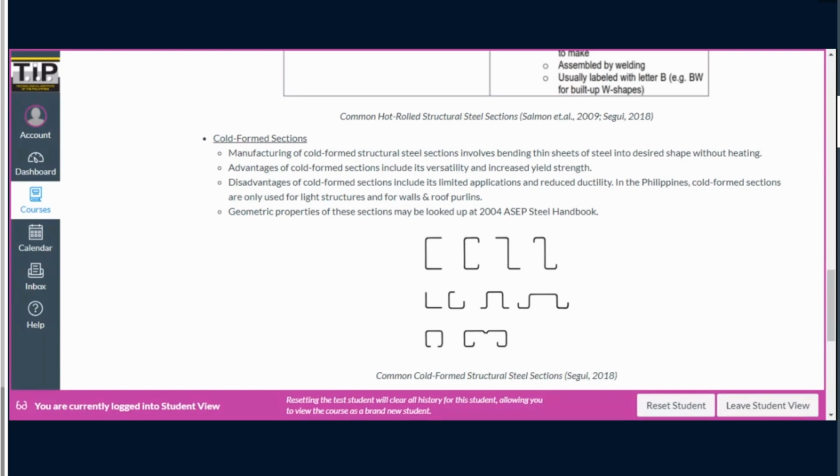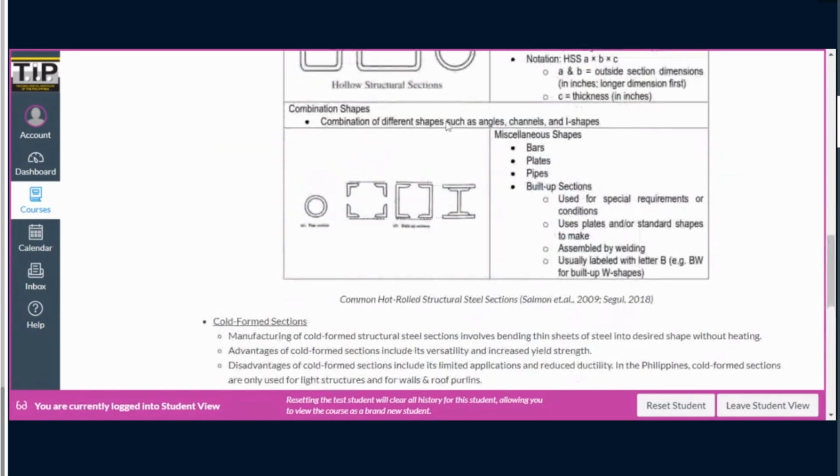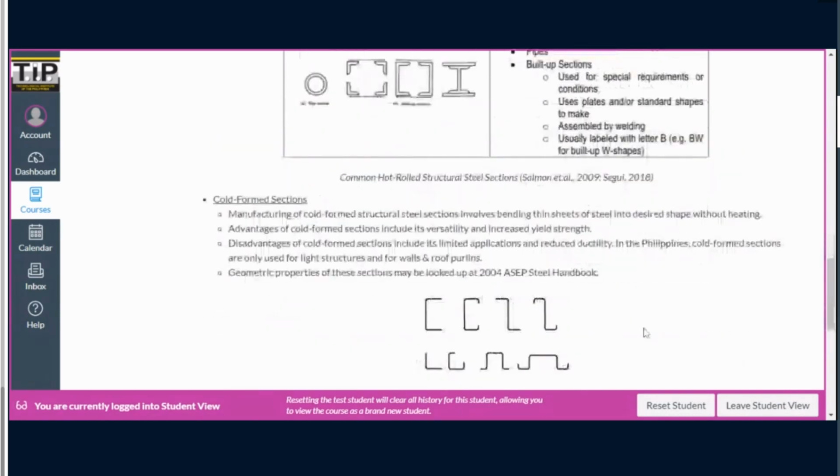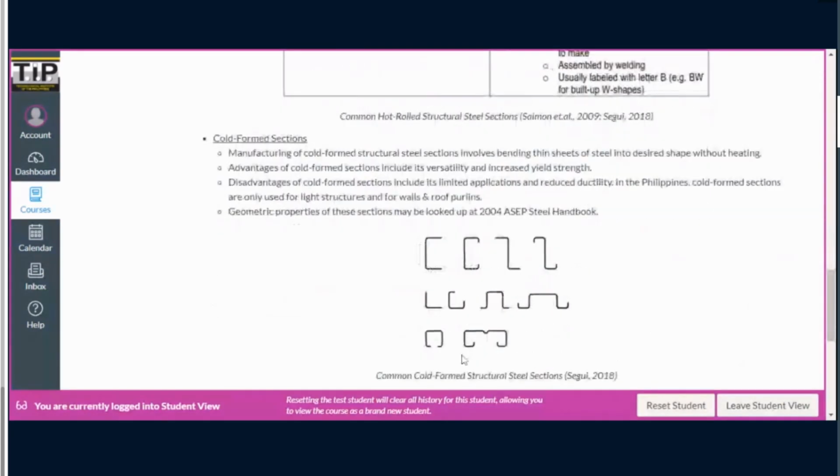So there are also geometric properties of some of these shapes. Some of the common cold form shapes may also be looked up in the handbook. However, in this course, we will be concentrating more on the use of hot rolled shapes rather than cold form. The design for cold form steel is entirely different.